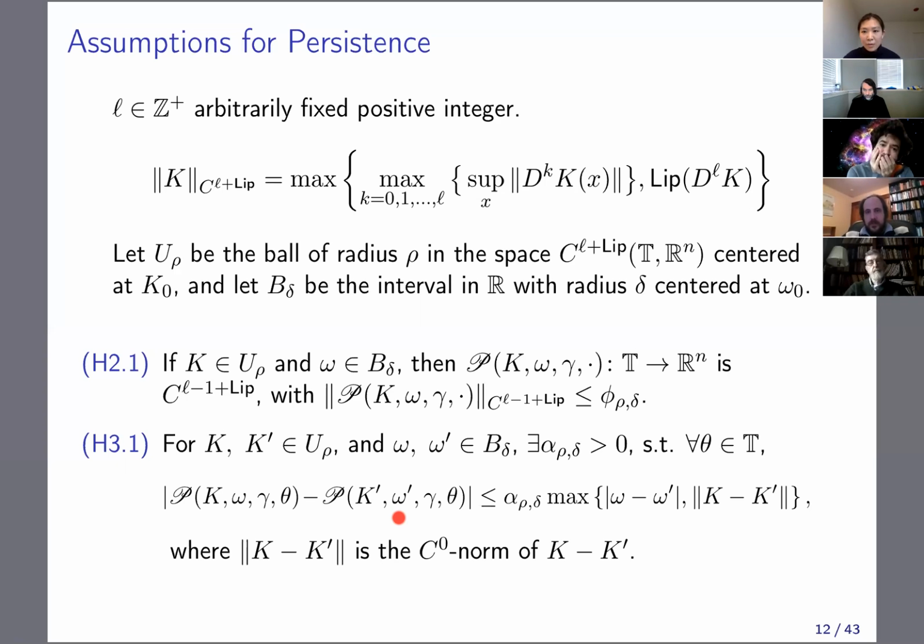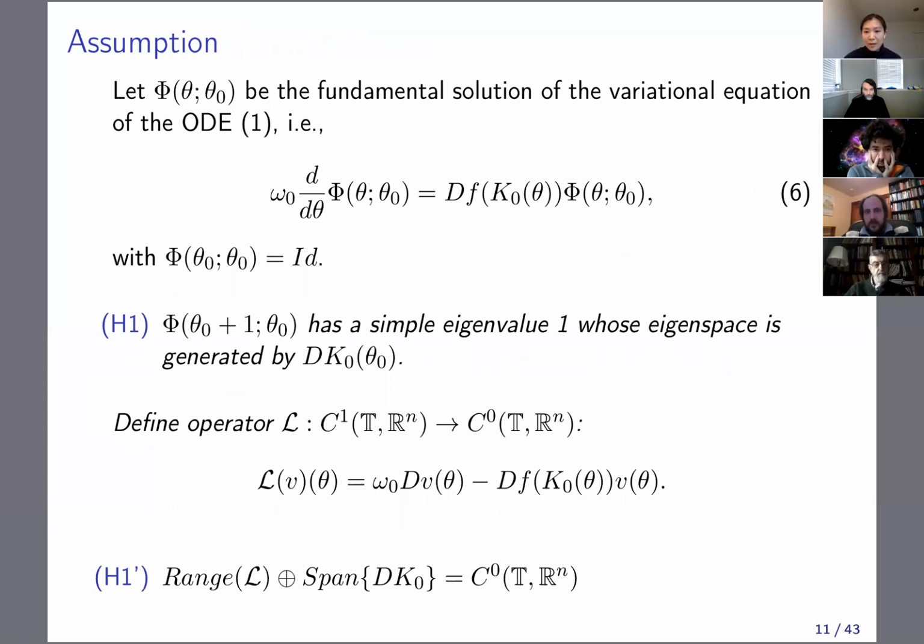Oh, yes. So I think this question is about the hypothesis H1. In this case, basically because we cannot allow conserved quantity, the periodic orbit should be kind of isolated and it should be non-degenerate.